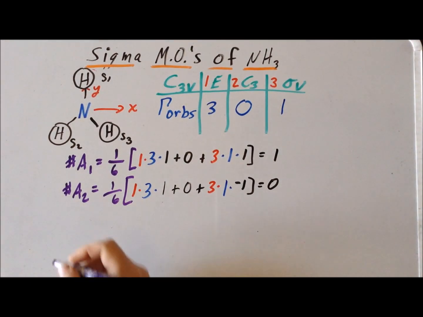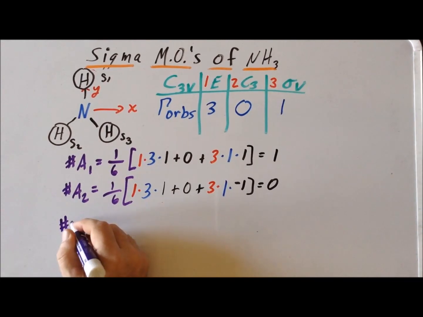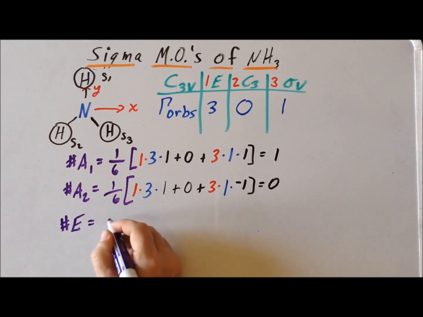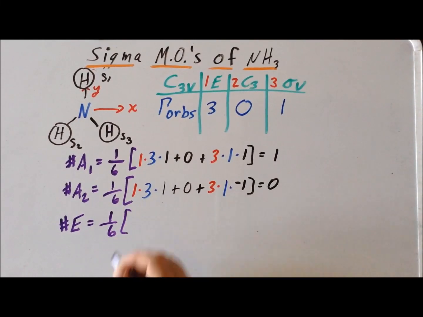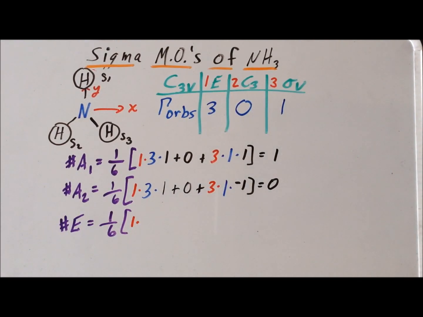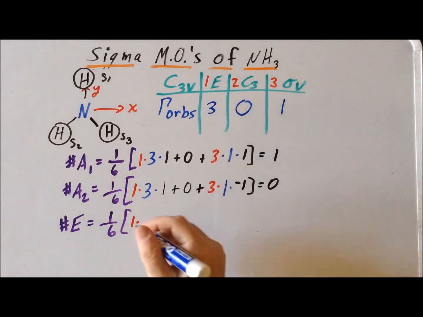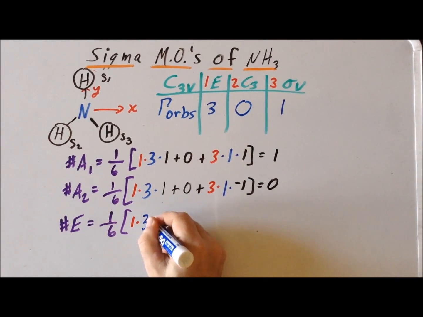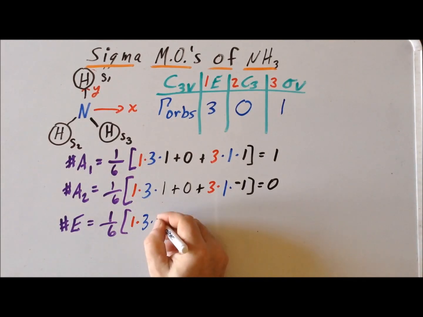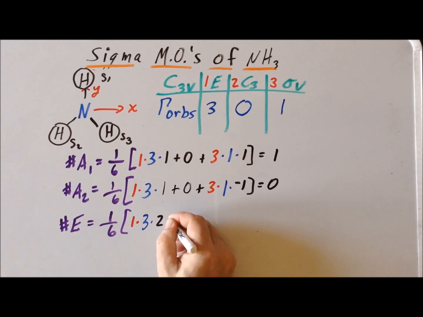The third and final irreducible representation in the point group C3V is E. So again, we have 1/6. The number of operations in the class for E is 1. The character from the reducible representation is 3. And now the character from the irreducible representation E in C3V. We recognize E is a doubly degenerate representation, so its character is a +2.